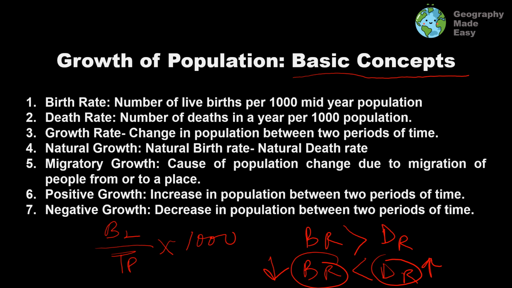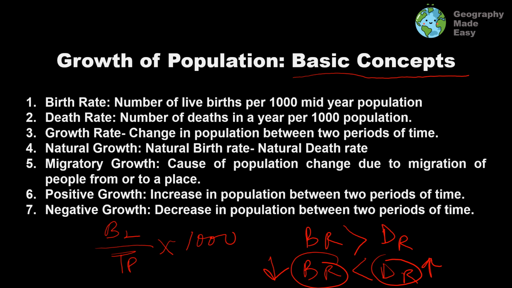Or on the other hand, we see that the death rate has not been impacted, but the birth rate has fallen. And this is the case for most of the developed nations in the present day, where the birth rate has started falling and the death rate is more now.